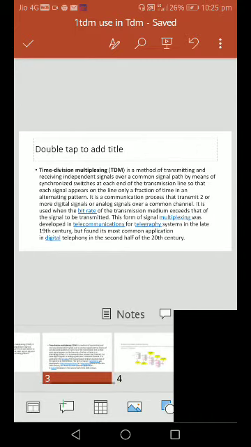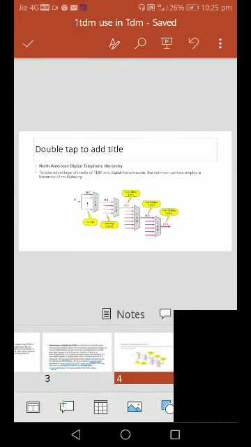Of this TDM, TDM is used in a hierarchical structure as shown in the diagram. This was basically first established by North American countries. Various countries utilize different multiplexing, that is time division multiplexing, and this is the North American digital telephony hierarchical structure.